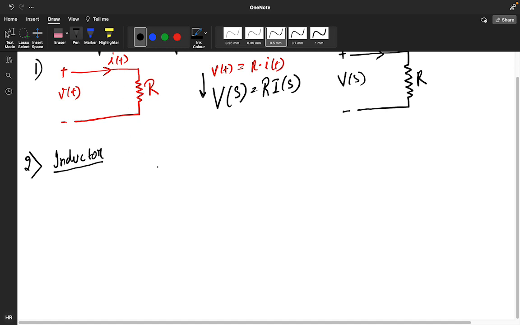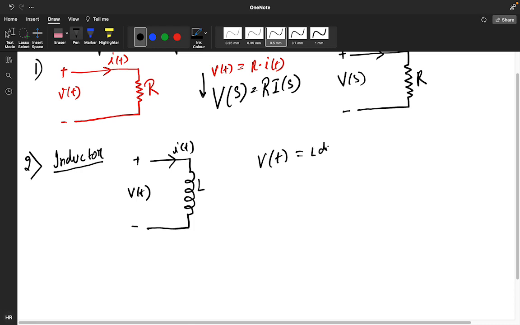If you want to do it for the inductor, this inductor looks like this. You have positive, negative, V of t, this is your I of t, and this is your L. Okay, and I told you in the first class itself, V of t is equal to L di by dt.